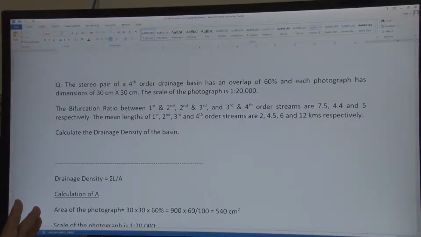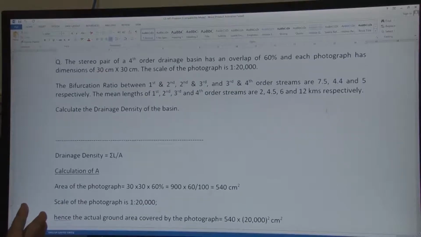Here it is given that the mean length of the first order stream is 2.